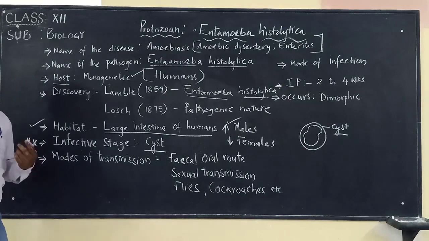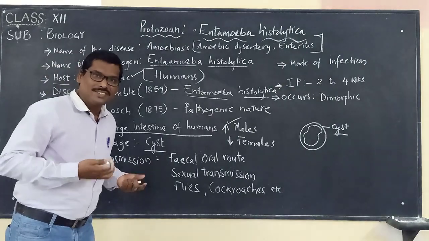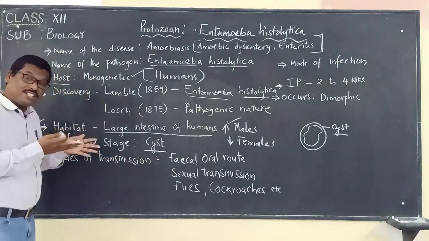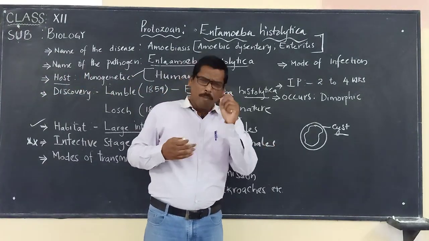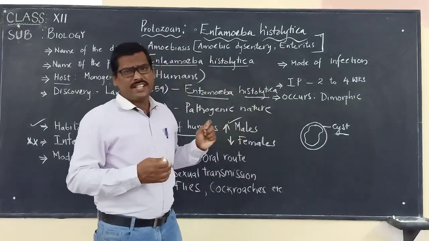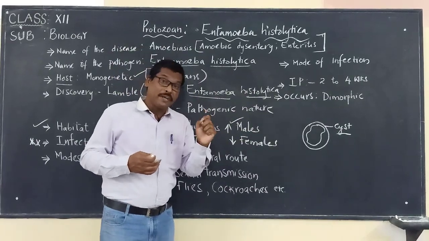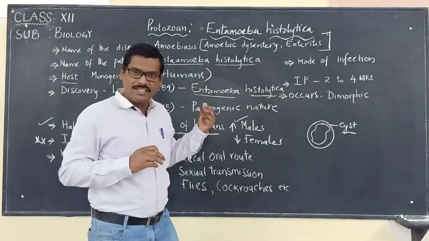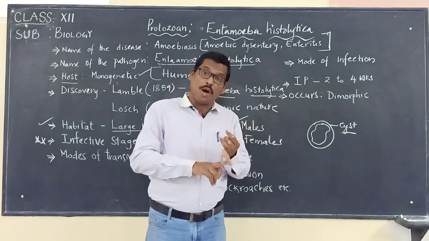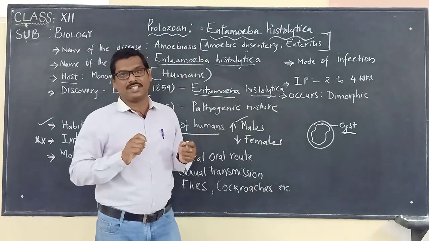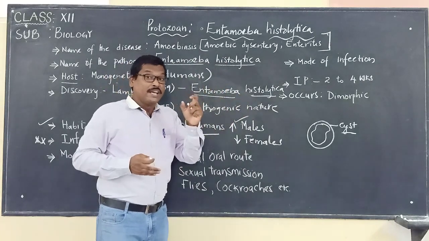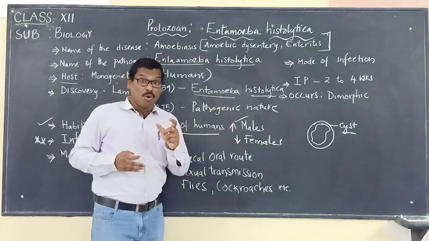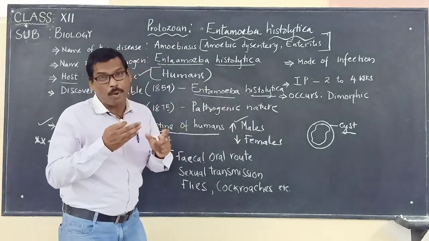Now, modes of transmission: how this disease spreads from one person to another. Most of the time this disease is seen in the tropical and subtropical regions, and more so in places that are densely populated.